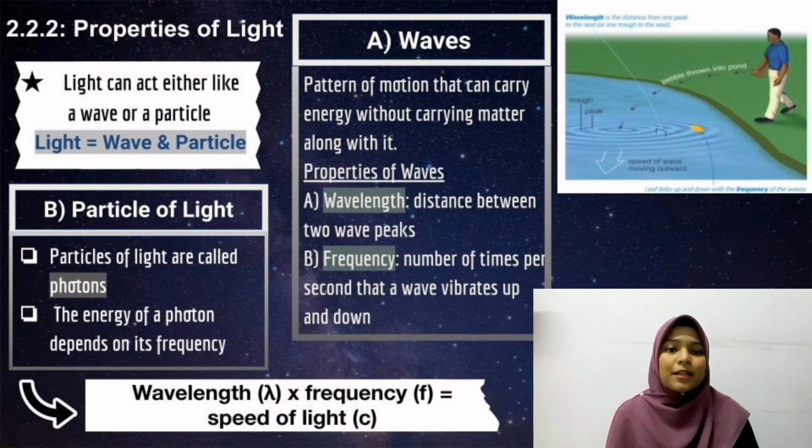Next, particles of light. Particles of light are called photons. Each photon has a wavelength and frequency. The energy of a photon depends on its frequency. There is a formula: wavelength multiplied by frequency equals the speed of light.